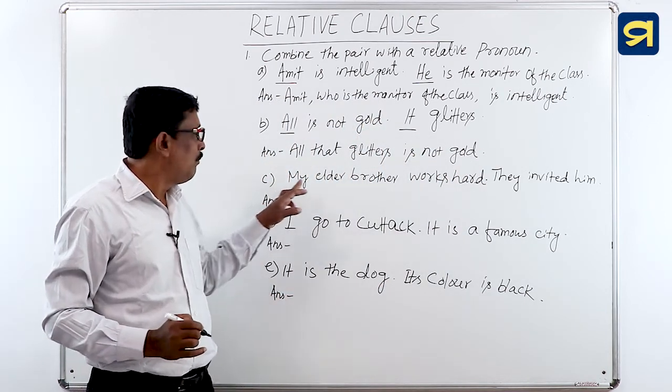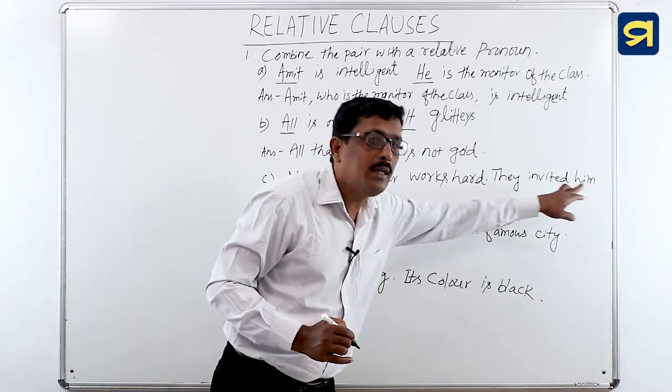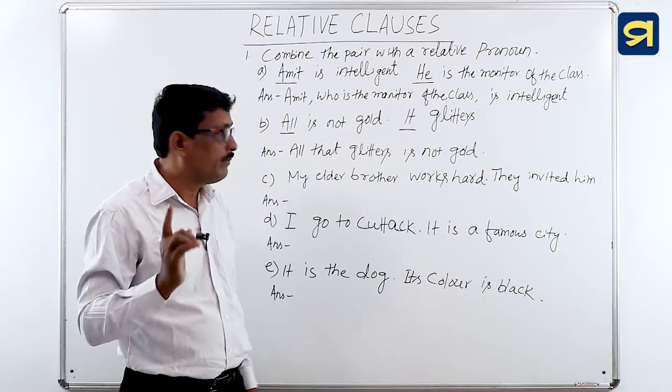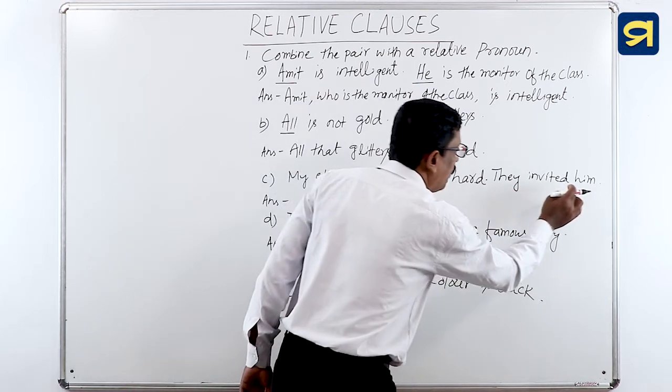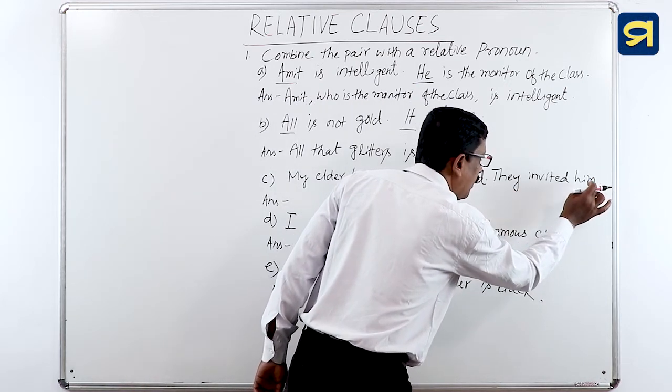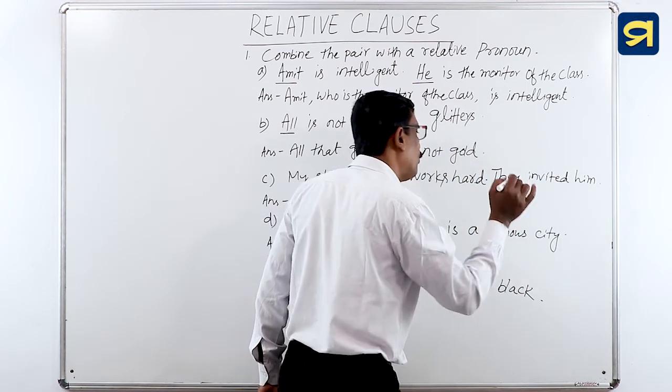C. My elder brother works hard. They invited him. Very good. Here, my elder brother represents the word him, and him is the object here. So, for the object pronoun either who or whom is used.